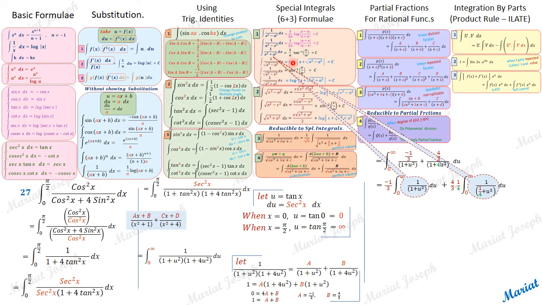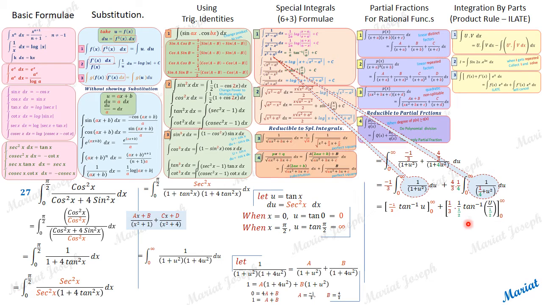So according to this formula, the integration is 1 by a tan inverse x by a. So here a is 1, here a is 1 by 2. Why 1 by 2? Because it is 1 by 2 whole square plus u square. So the integration is minus 1 by 3 tan inverse u by 1. Here a is 1. Here a is half.